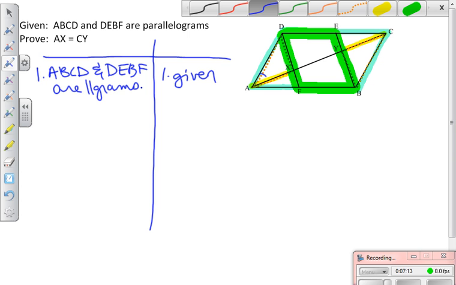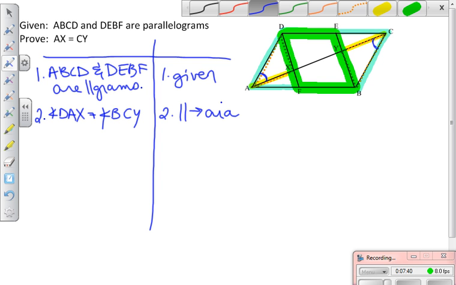I see initially that this angle and this angle are equal because of the parallel lines and the transversal. So I'm going to say that angle DAX is equal to angle BCY because parallel implies AIA.